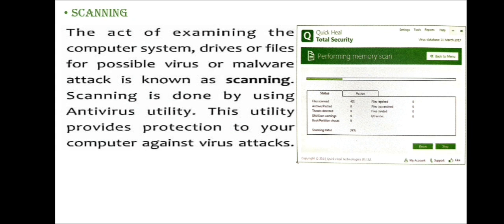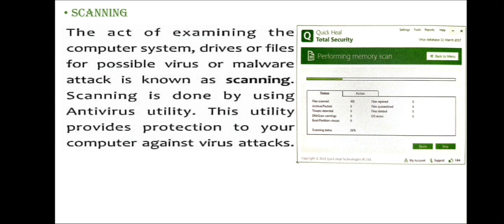Scanning. The act of examining the computer system drives or files for possible virus or malware attack is known as scanning. Scanning is done by using an antivirus utility. This utility provides protection to your computer against virus attacks. So antivirus is a program that secures your computer from virus attacks.